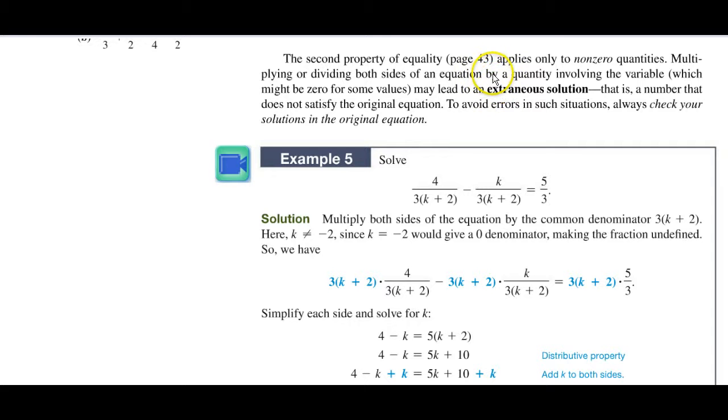We only can have what we call up here non-zero producing solutions. Otherwise, these are considered extraneous solutions. That is, it doesn't make it a true statement.